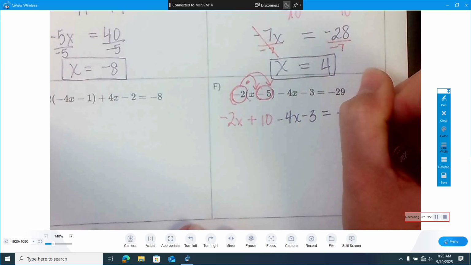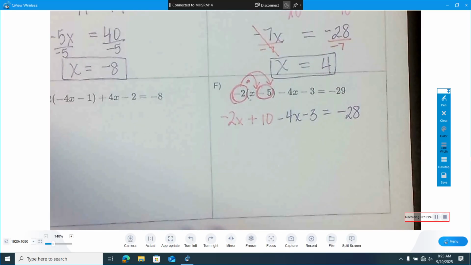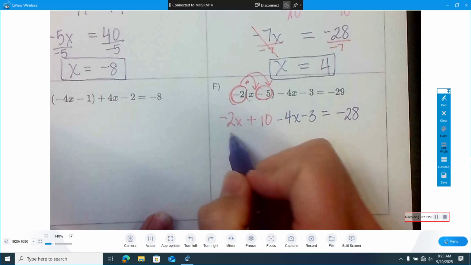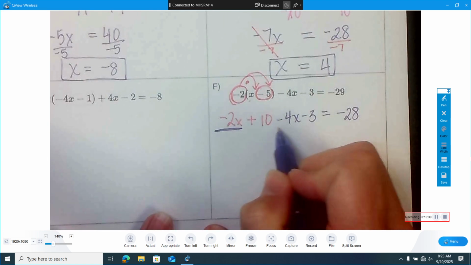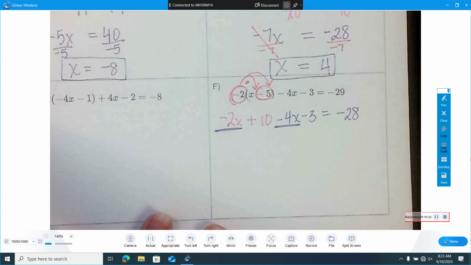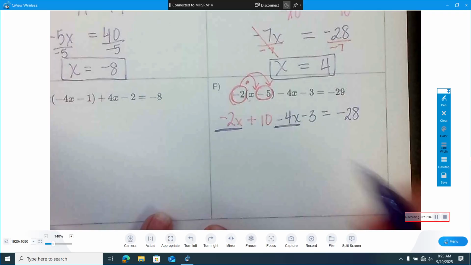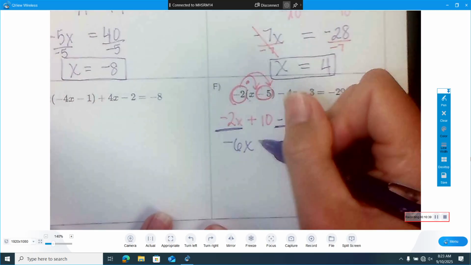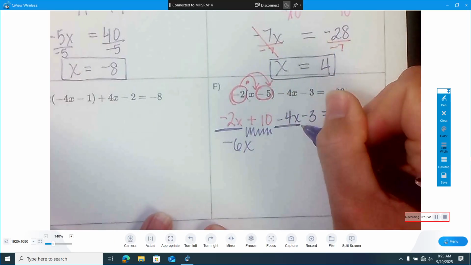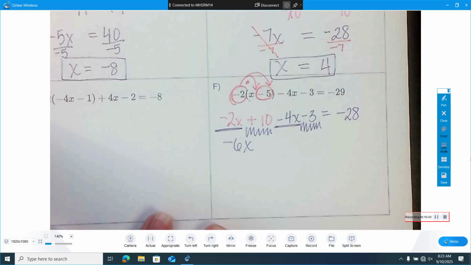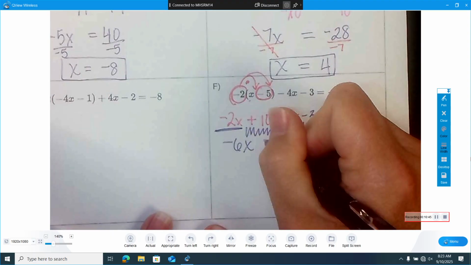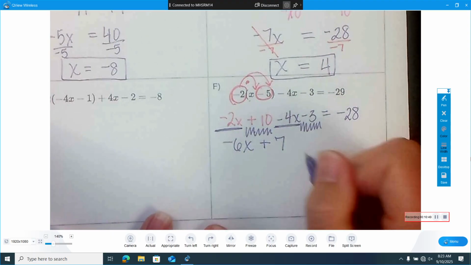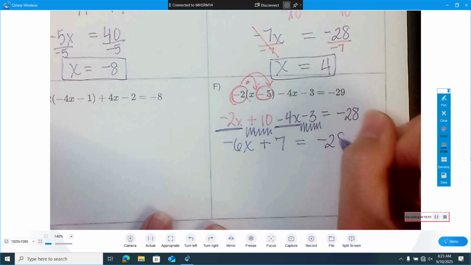Then we can do what? Combine like terms. All right. I have a -2x and a -4x, which gives me how many negatives? -6x. Very good. I have a +10 and a -3. Who wins? +7. The positives win because there's more of them. All right, equals -29.